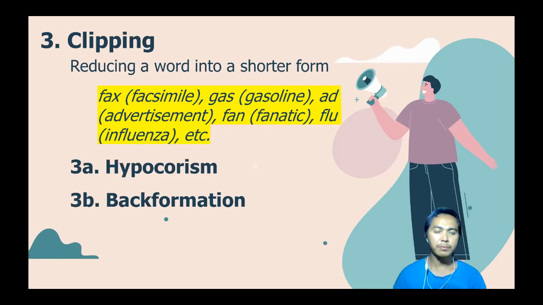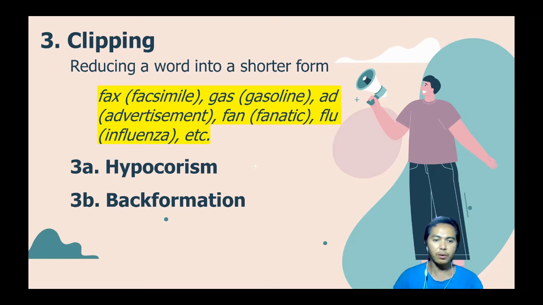The third type is clipping. When we reduce a word to form a shorter form, for example, gasoline is shortened into gas, fanatic into fan, influenza into flu, facsimile into fax, and so on.